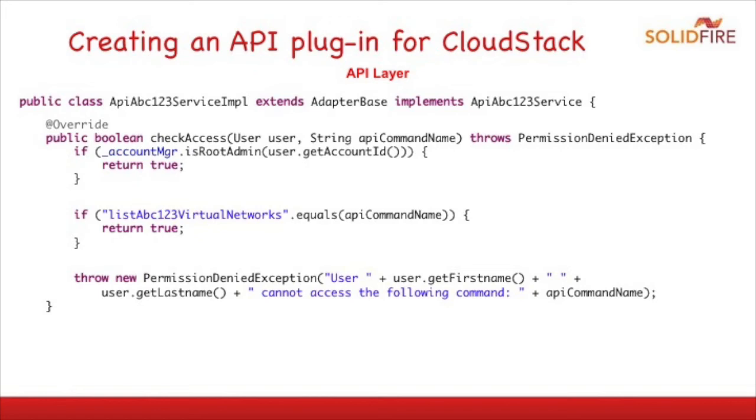I mean, it might have been like somebody originally thought that it should work that way, but it doesn't. You've got to throw an exception if you don't want them to actually have access to that particular command. And there wasn't any documentation that I saw on it. As I was testing things out, all of a sudden, I was like, I have access to it regardless. What's going on? And then I looked at the code, and it's like, yeah, it doesn't care about the return value. So, pro tip.